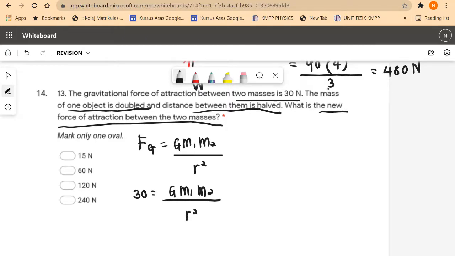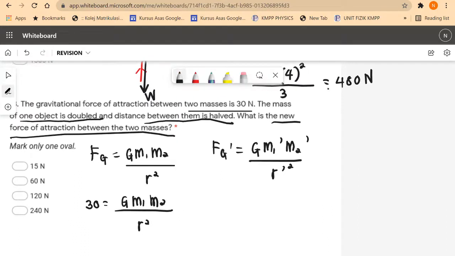And then the new gravitational force Fg prime equals G, the new masses, over the new distance, where the new mass of M1 is double the original mass of M1, and the new distance between them is half of the original distance.